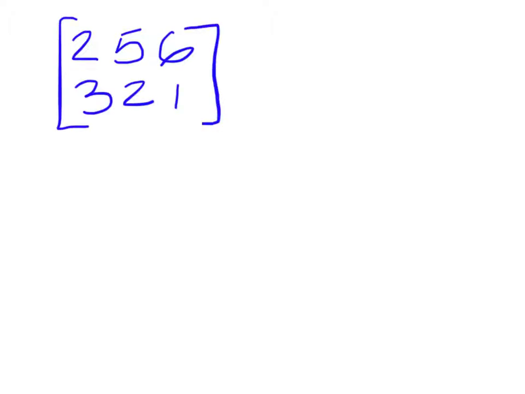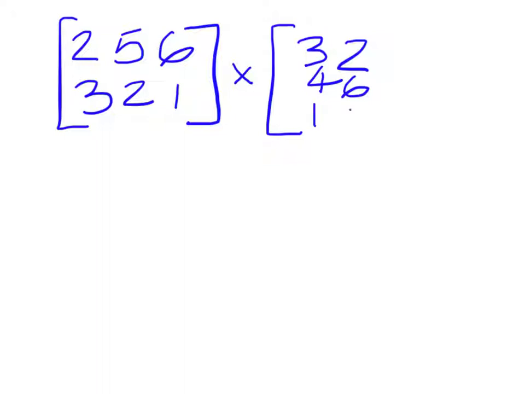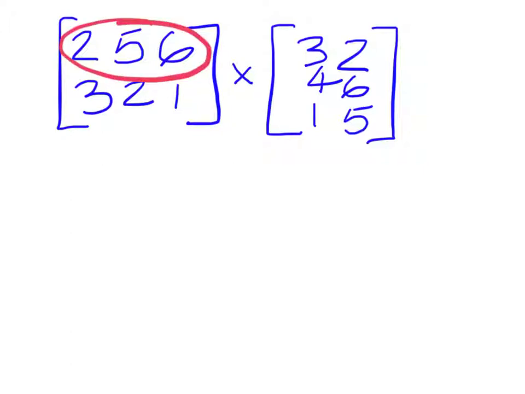On this one, we have 2, 5, 6, 3, 2, 1, and we're going to multiply that one against 3, 2, 4, 6, 1, 5. So on this one, you would start with the first row and then go with the first column.